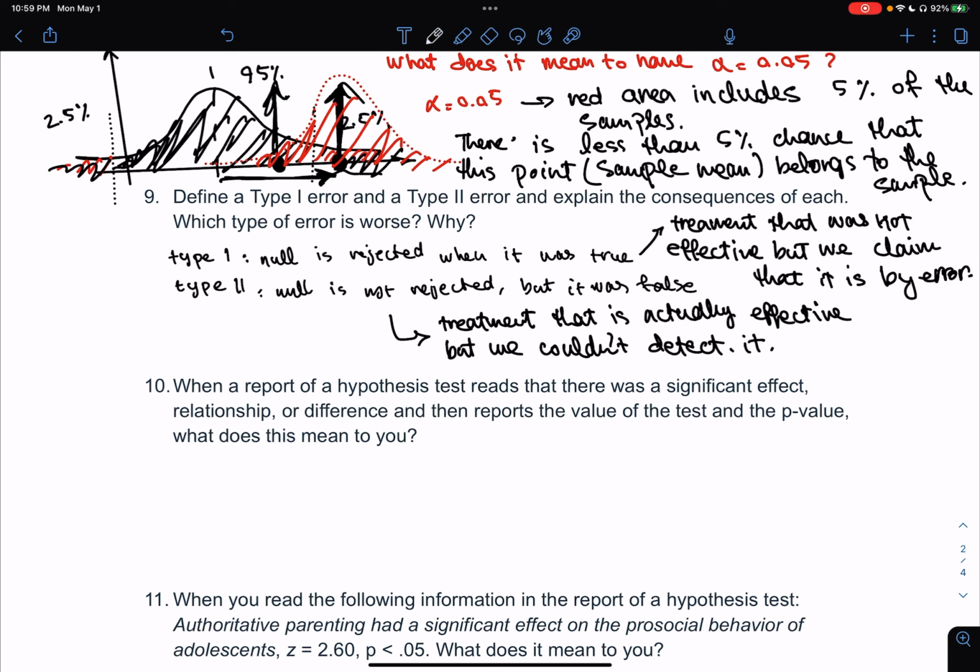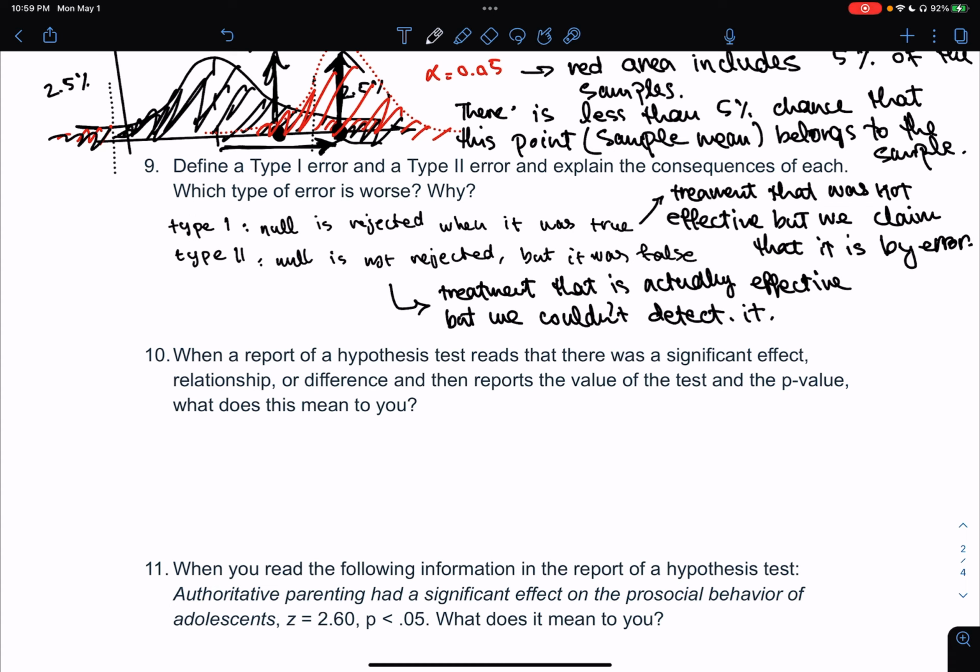So this also has its consequences, but it is the safer option between the two. With the treatment, you can still do more experiments, more testing, to make sure whether your first test was an error or not.